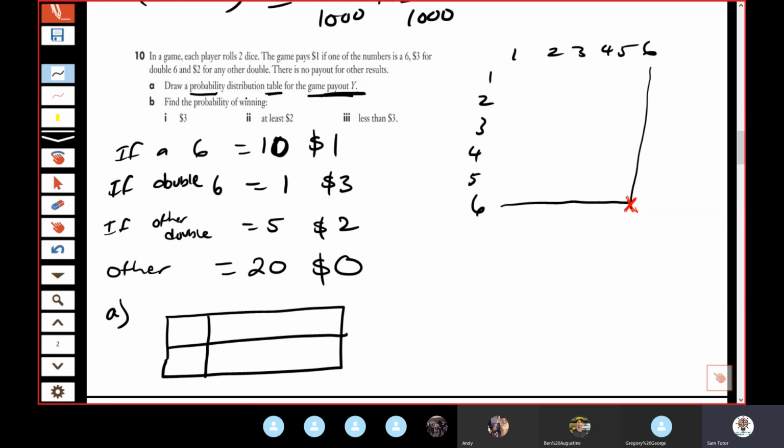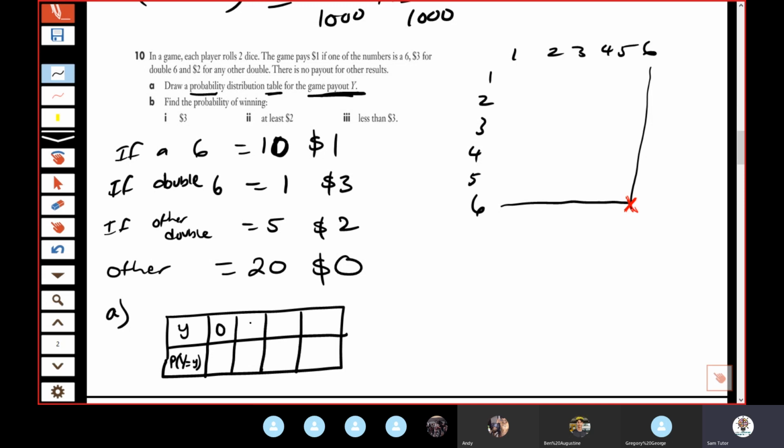You're looking for the distribution table for the payouts, the different possibilities you could get: $0, $1, $2, $3. And the probability of that occurring is the next row. They use capital Y, but I think it's better to use little y: capital Y equals little y.